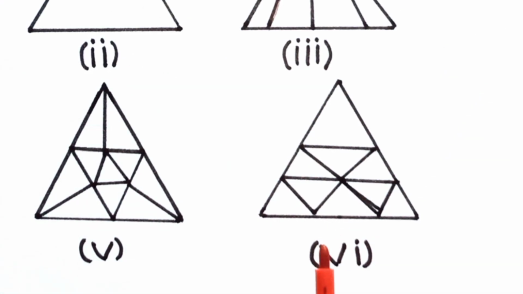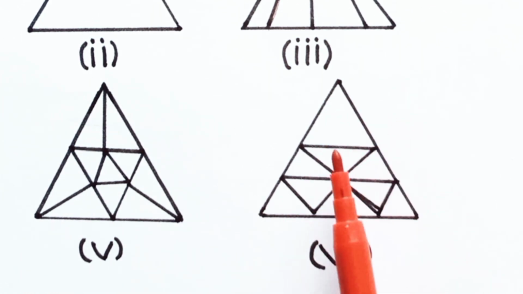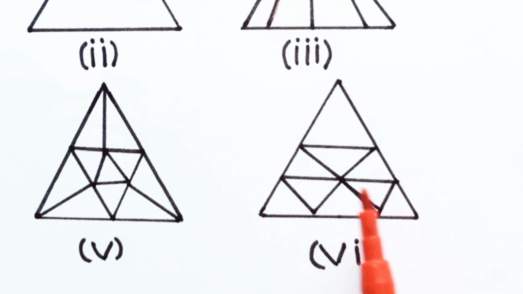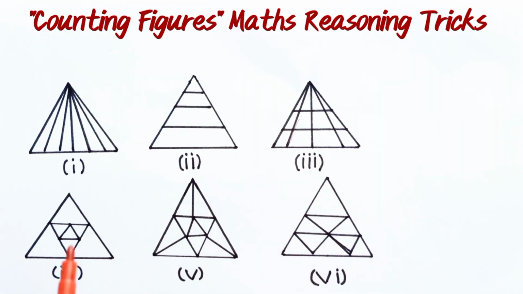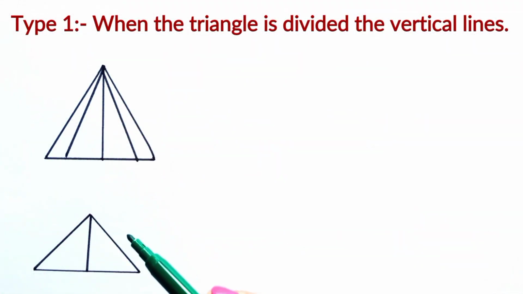And in the sixth case, we are going to count the number of triangles when the triangle has multiple triangles made on horizontal lines. These 6 types of questions we are going to solve with tricks in today's video lesson. For better understanding of this concept, please don't skip the video anywhere and try to watch the full video. Now let us discuss the type 1 question.